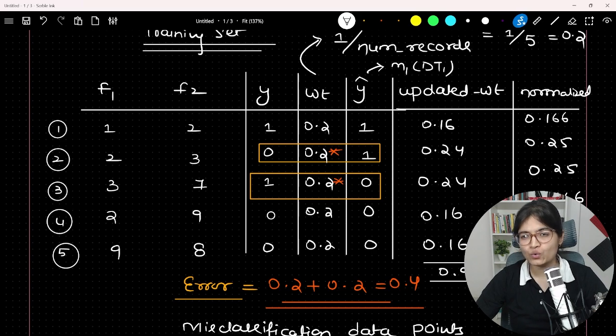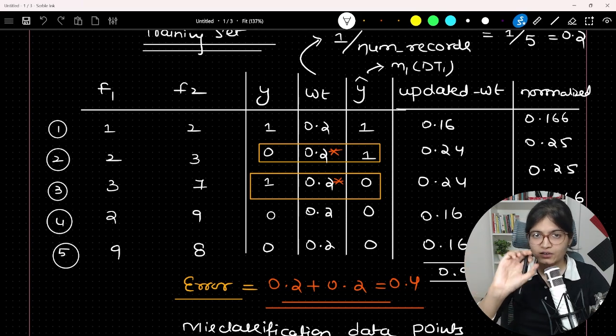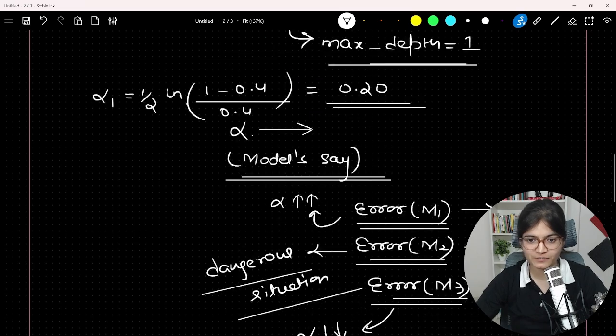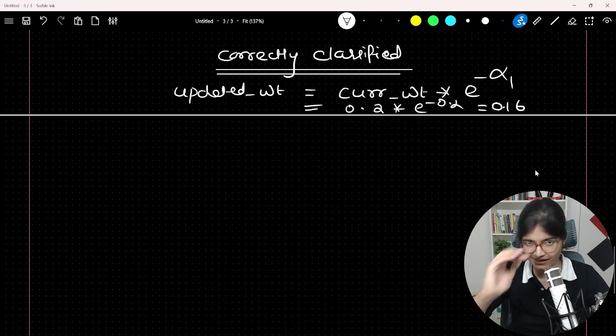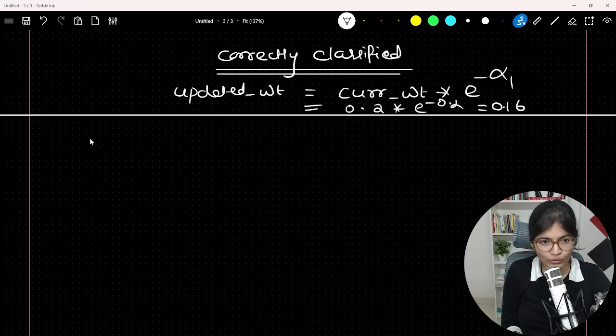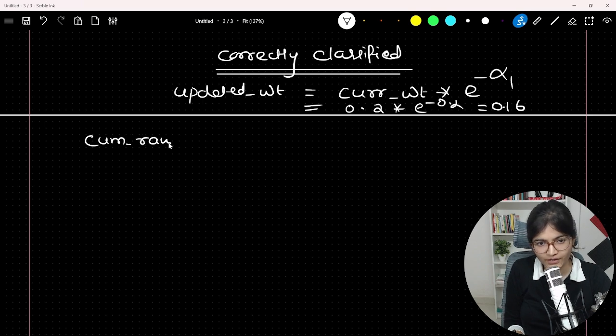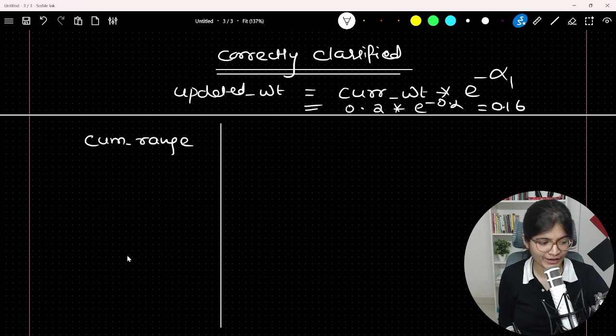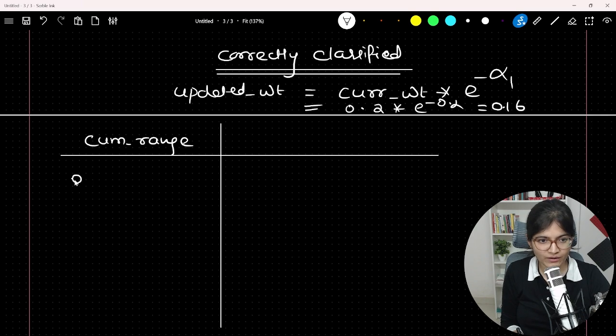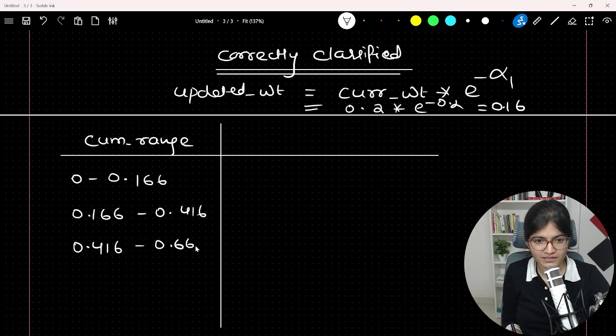Next task is to convert these specific values into a cumulative range. We have the normalized values available, extending that table itself. Now I'm converting it into a cumulative range of numbers for all the 5 data points that we have. So what we get is from 0 to 0.166, 0.166 to 0.416, 0.416 to 0.666, 0.666 to 0.832 and 0.832 to 1.0.